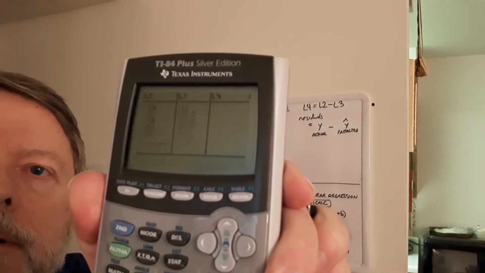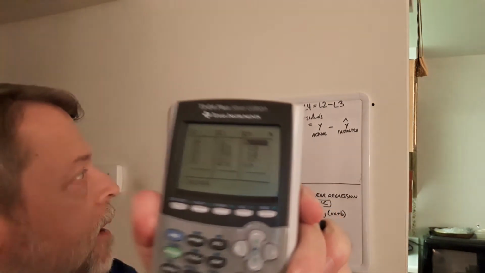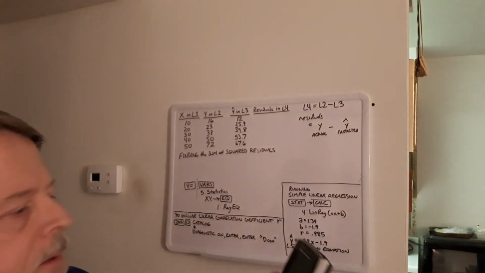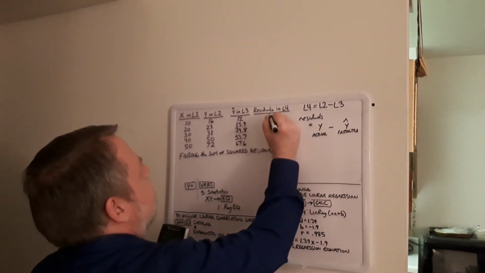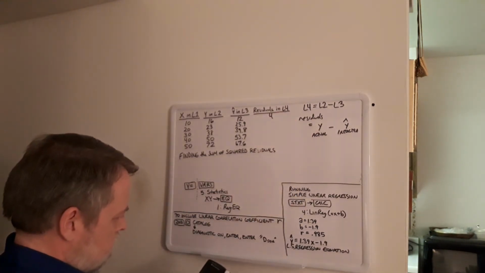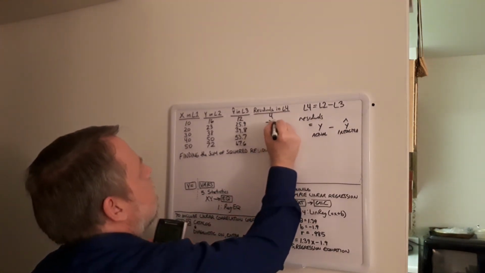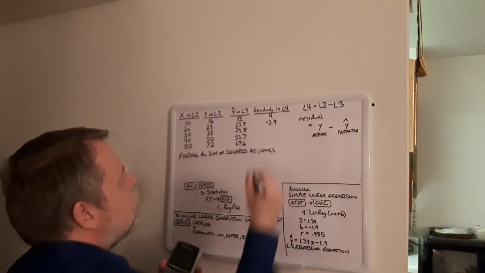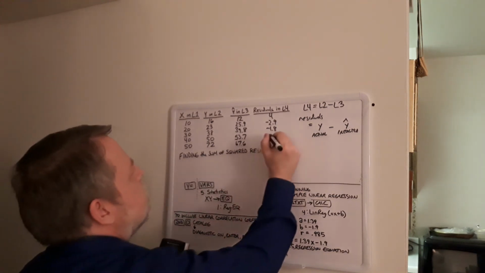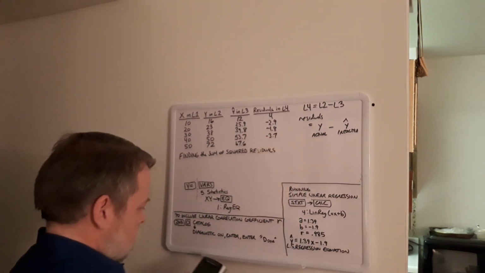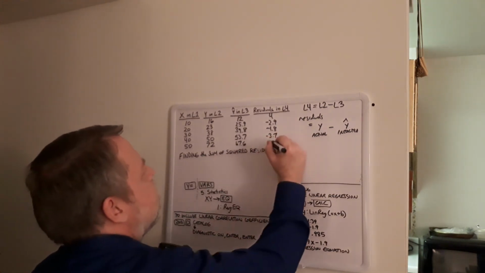And you press enter, voila, there you have in the next column, L4, your residuals, which happen to be 4, negative 2.9, negative 1.8, negative 3.7, and a positive 4.4.